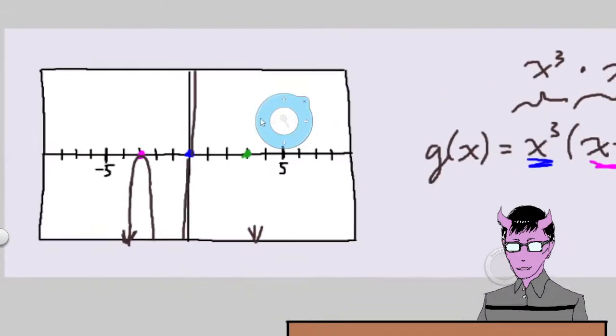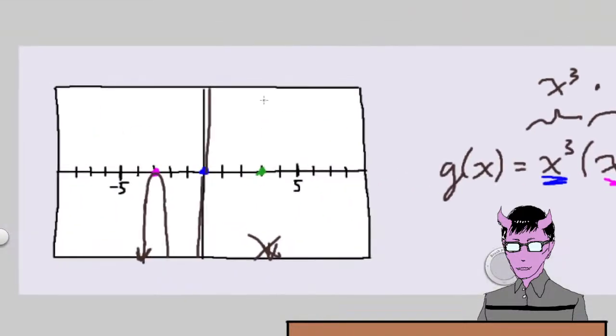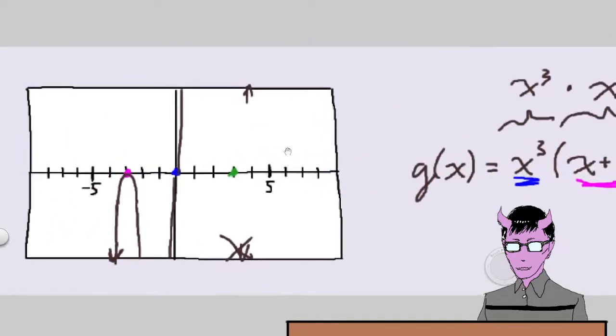So now just basically change the end behaviors, so it won't be going downwards anymore because this is an odd-powered exponent with a positive coefficient, so it goes down-up motif. So we would instead be aiming upwards. And because we now have even multiplicity on this factor, that means we have the touch-and-go motif, the parabolic motif right here.